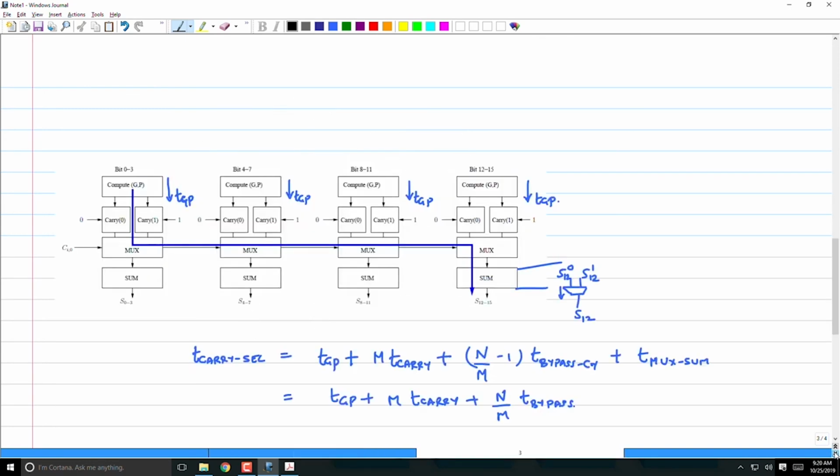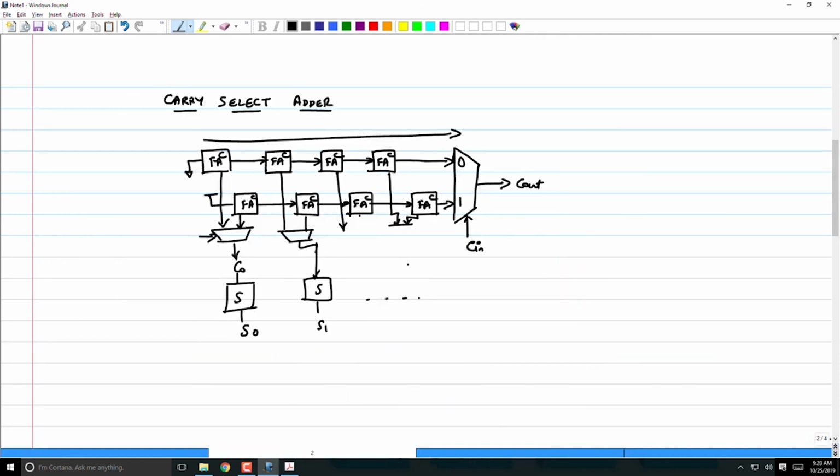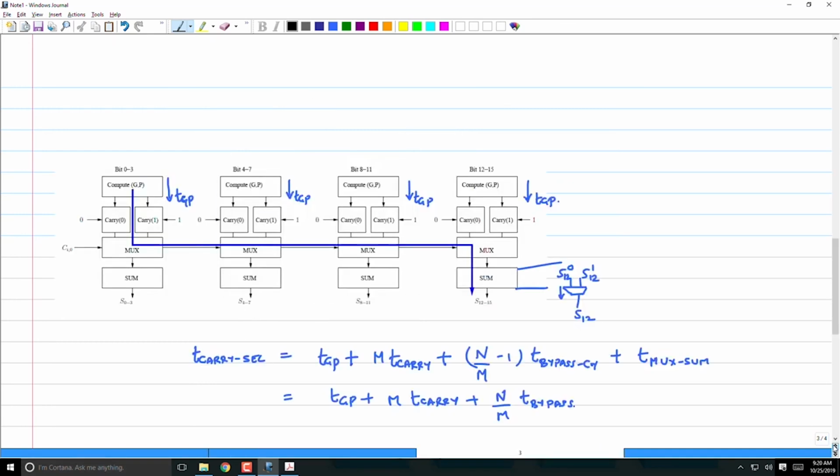So that's why after you bypass, what has happened is the last bypass is actually through this multiplexer. Then I have to create the sum, right? I have that thing to create, and therefore I will add one more term to this called plus T sum. Okay.